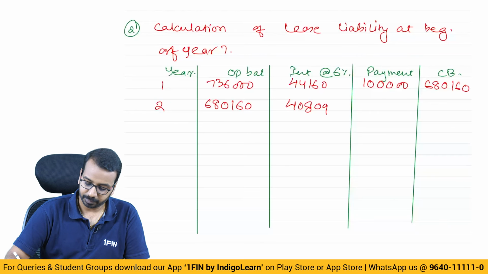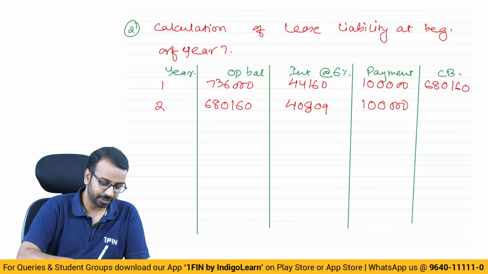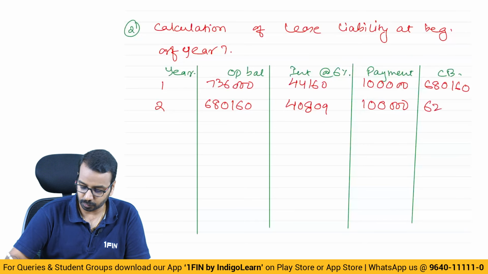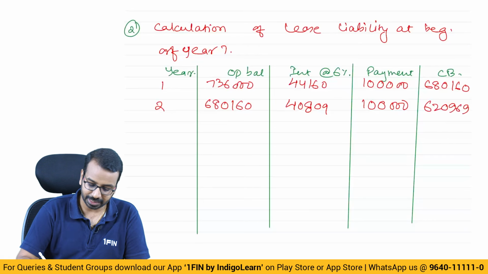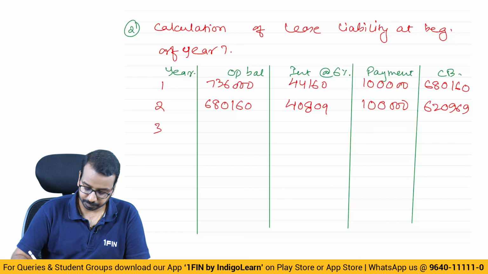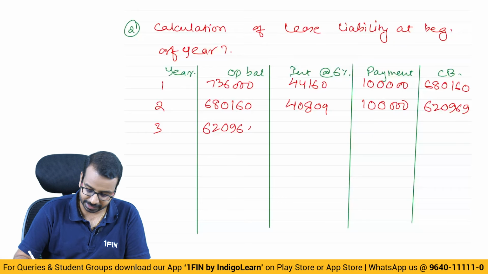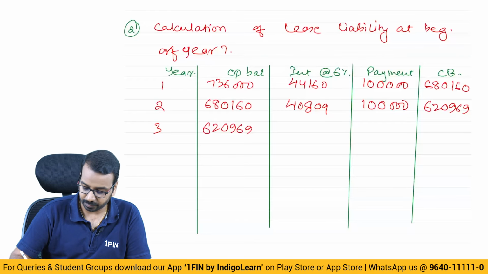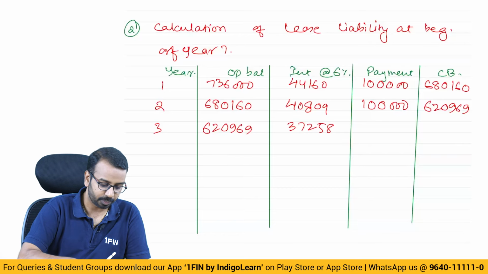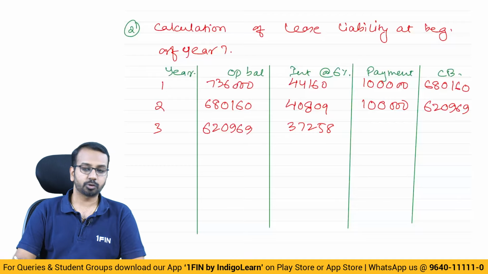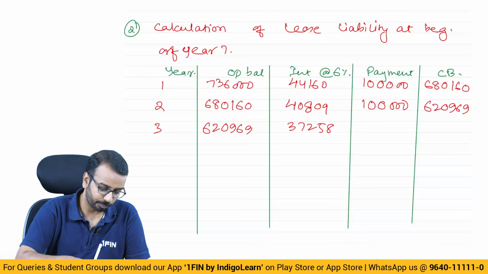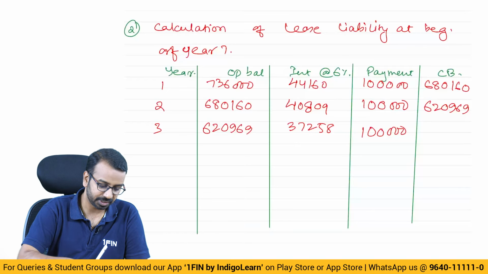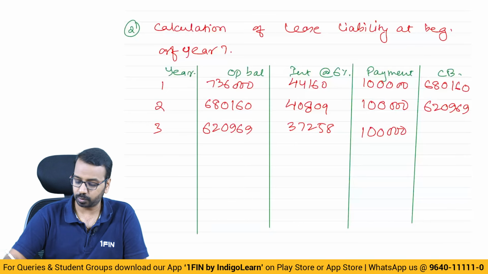Payment is 1 lakh, and if I do minus 1 lakh, we get 620,969. Then year 3, 620,969 into 6%, 37,258. 37,258 plus is 658,227, minus 1 lakh is equal to 558,227.